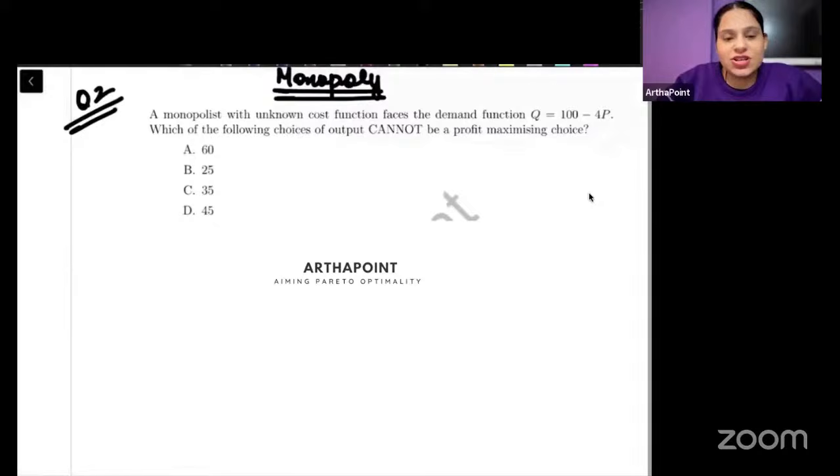There is no cost function given. But one thing I know for sure from the monopoly part. What is that thing? A monopolist always operates in the elastic region of the demand curve. Just use that property. This is the biggest hint. A monopolist always operates in the elastic region of the demand curve.